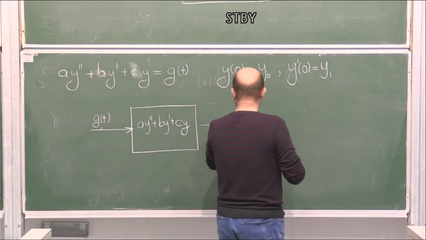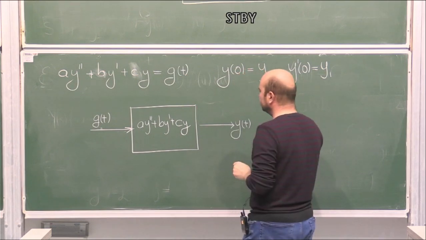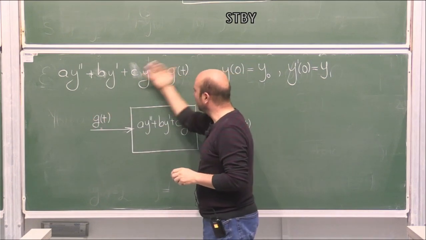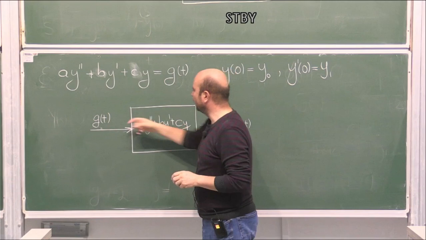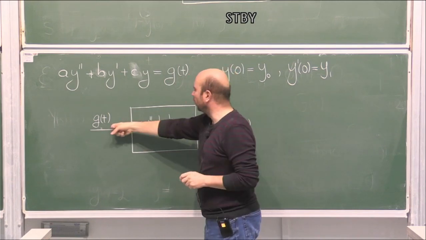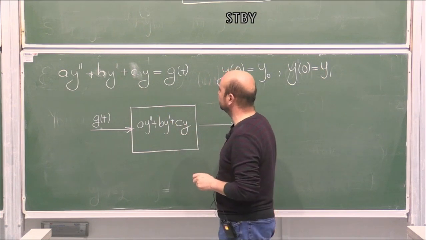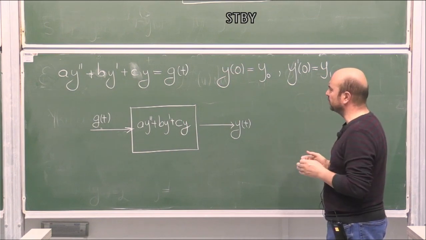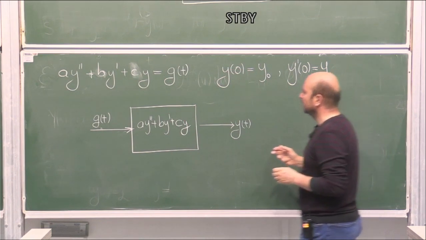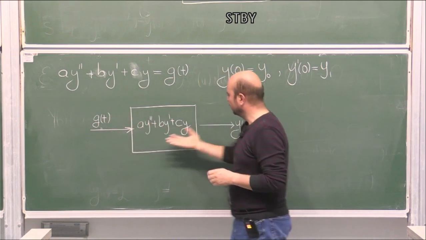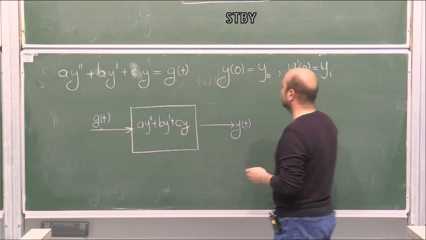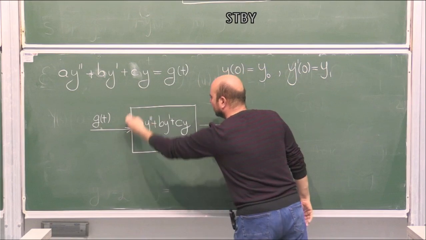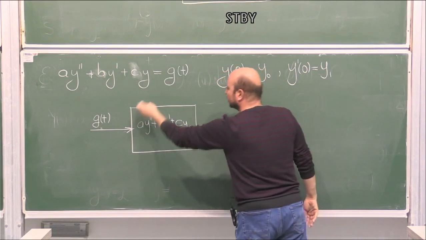But the output is always the convolution of this signal, which is the forcing function, with the operator here. Whatever you have here, you convolve with this fixed processor coming from your differential equation. That's the reason you can think of differential equations as processors, and you want to understand the output of a signal coming from this processor, and the output is always convolving your input with the signal coming from your differential equation.